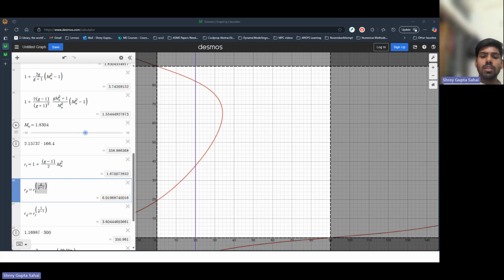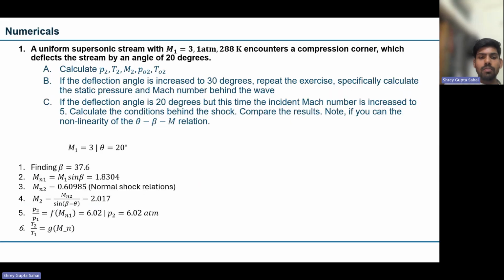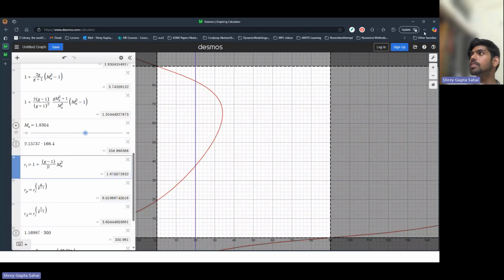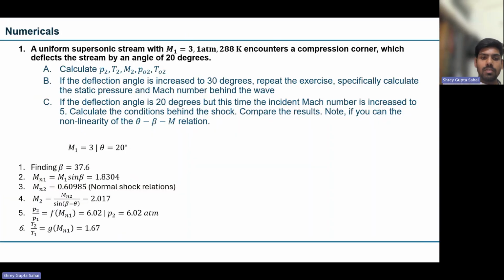Again, function of MN1. Now you can't see the screen, so let me say it. What is that ratio? We'll see from here. RT you will get as 1.677, and correspondingly, your T2 will be 1.677 times 288.